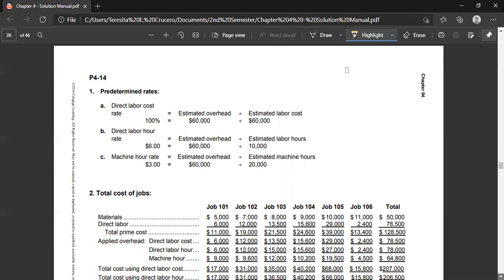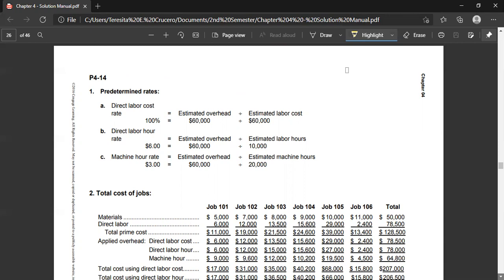In letter B, we use the direct labor hour rate. We divide 60,000 by the estimated direct labor hours, a total of 10,000 given on page 245.